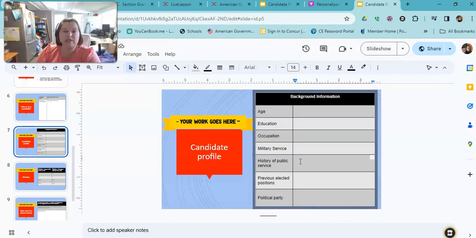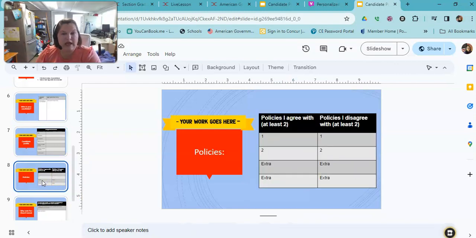We just want to have some kind of history. But again, this is like any public service, so like teaching, being a police officer, working as a fireman, that's also public service. Now, this is strictly just have they been elected to something before and what were they elected to? Then we have political party. That's all pretty simple. You're just filling that out.